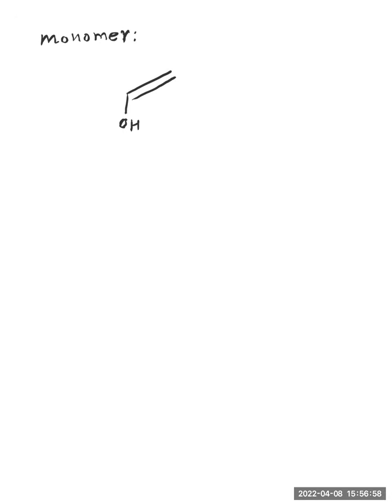Okay, so then what we need to do is we know that if this is the monomer, this is going to be what is repeated over and over. So let me write that. First of all, I'm going to come up with the polymer structural formula. For that, we take the monomer.